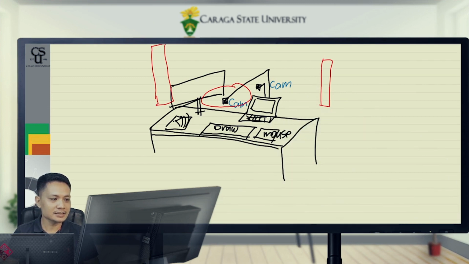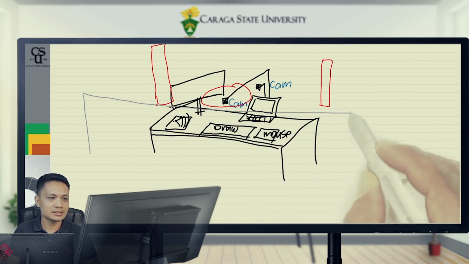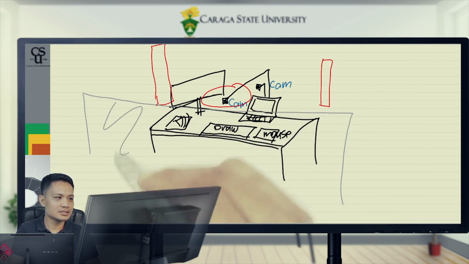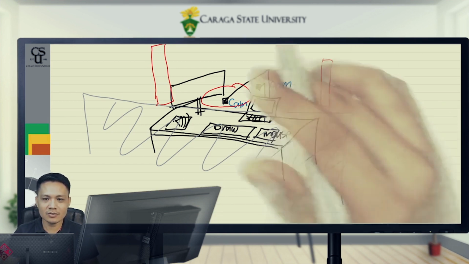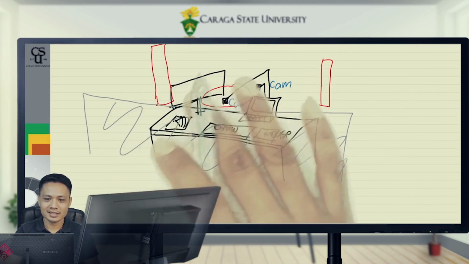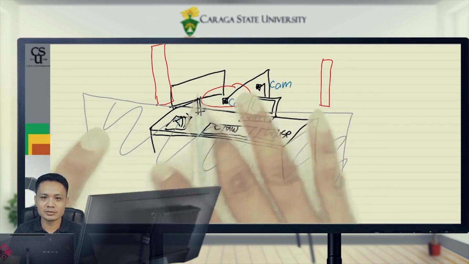Then at the back, of course, I have here a big green screen. So that's my setup. Now, how did I do this one? How did I make it possible to do this?